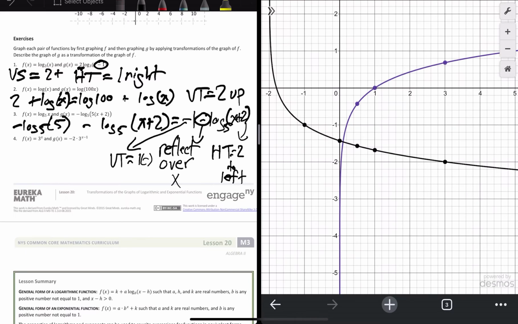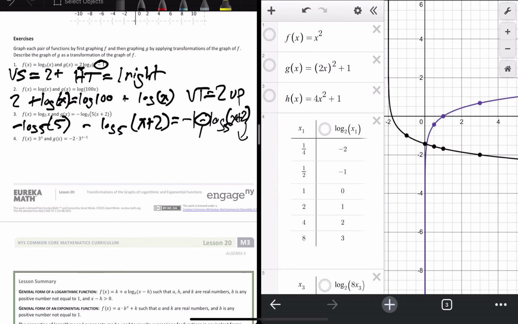Okay, so you have a horizontal translation of 2 to the left. It's going to reflect over the x-axis because of that negative log, and you have a -1, which is a vertical translation down 1 because it's vertical. All right, one more. Let me clear some of this up right quick. And let's look at the graph.